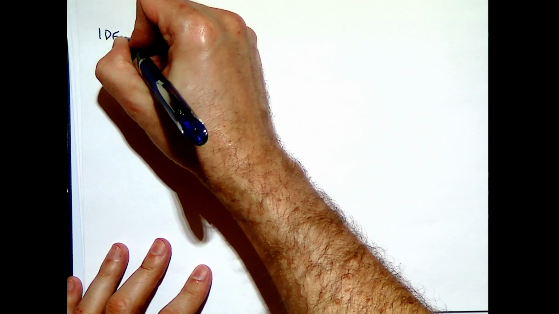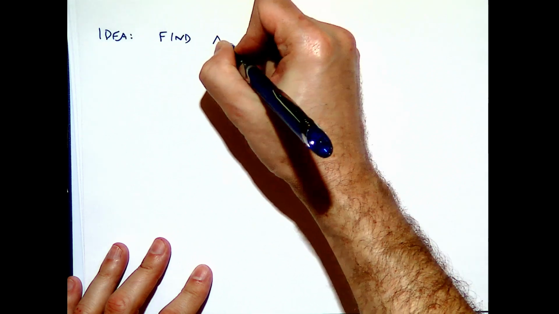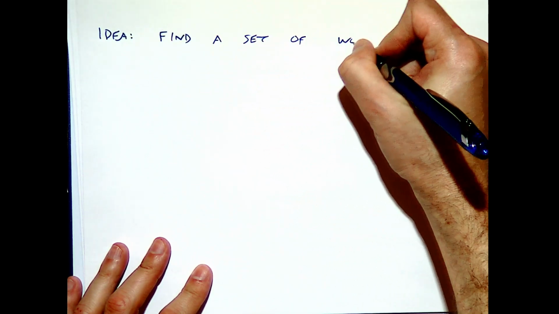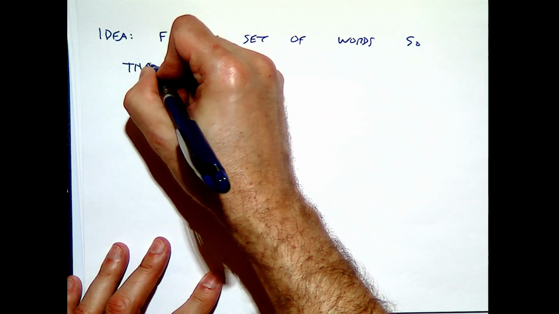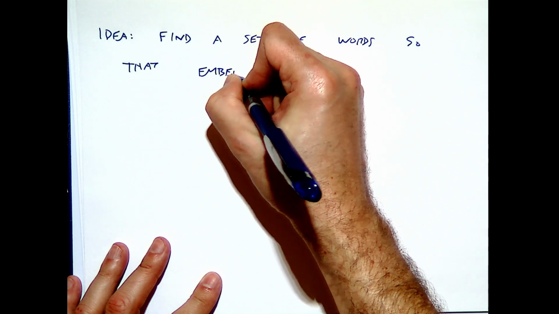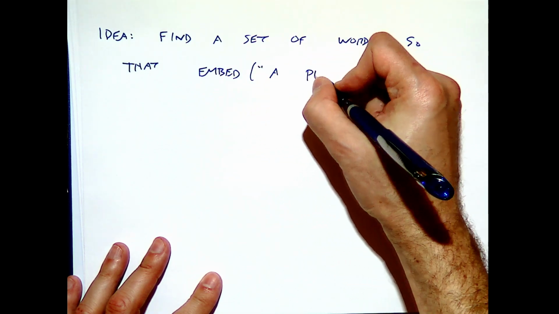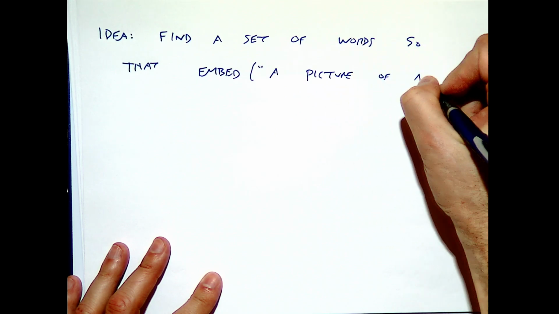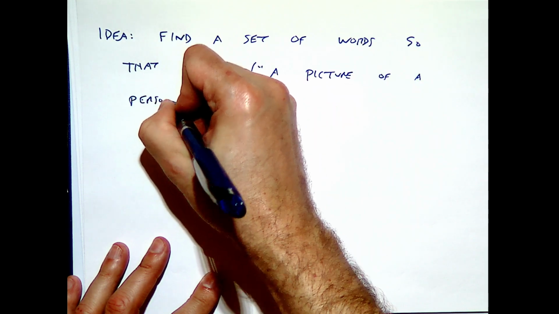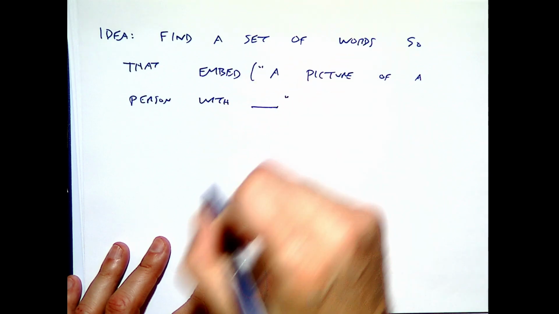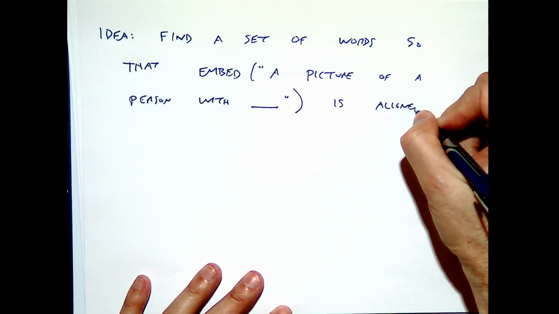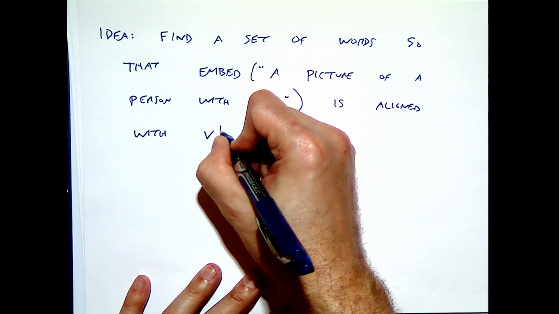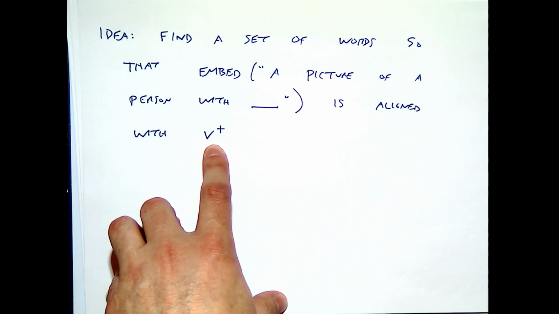So the idea is to find a set of words so that the CLIP embedding of "a picture of a person with blank," for example, say we're dealing with people, is aligned with this CLIP direction here, right?